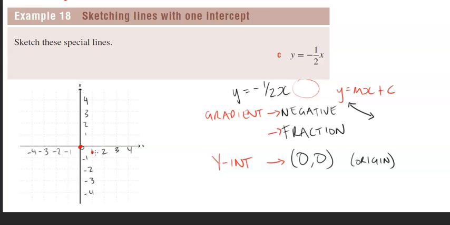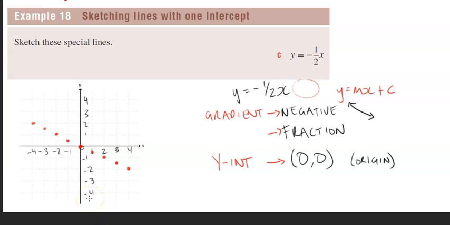So from there, every one to the right, down half a point. One to the right, down half a point. And what you will see is our slope is not as steep. It's not as steep. There we go.